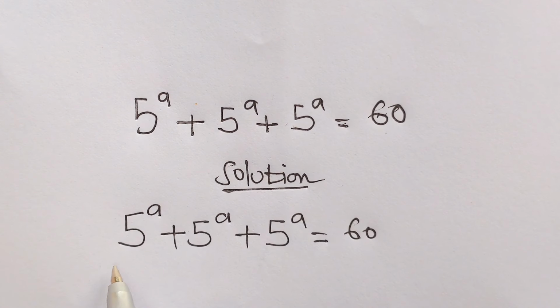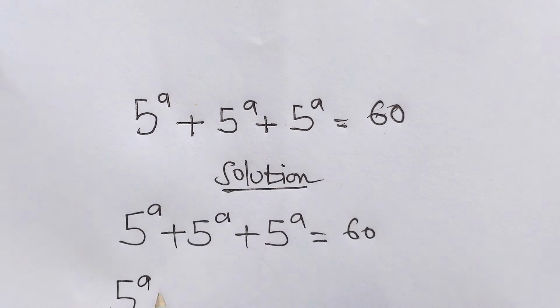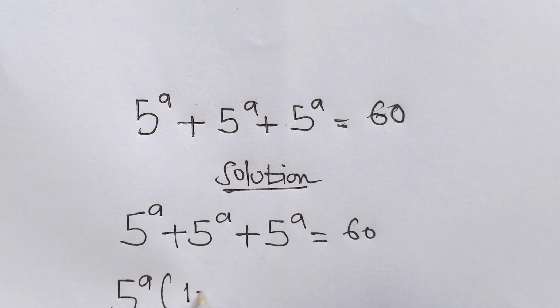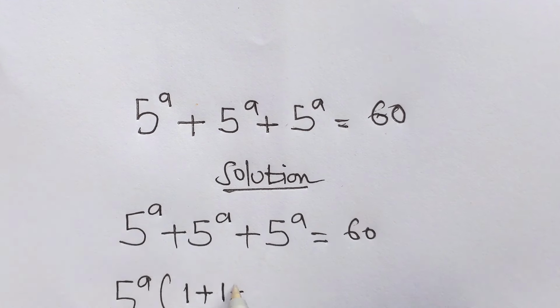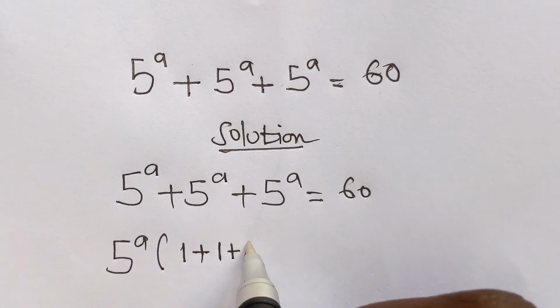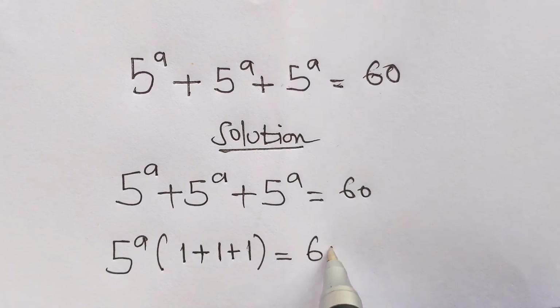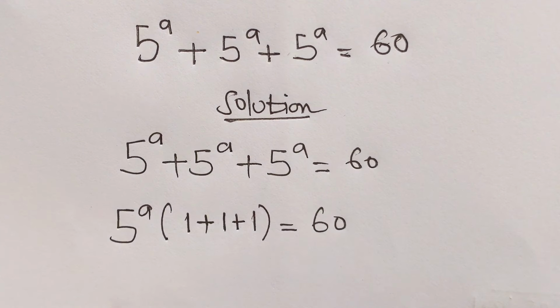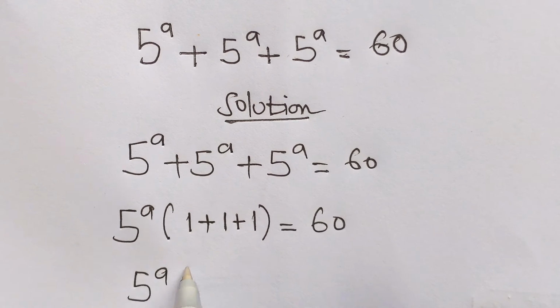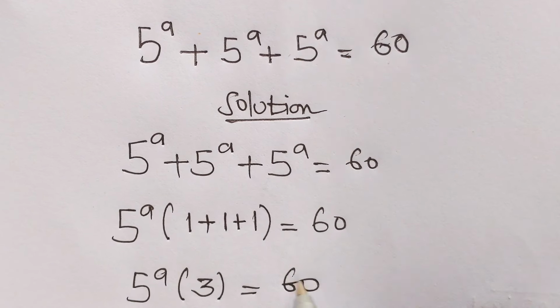Here, we can start by factorization of 5^a to get (1 + 1 + 1) = 60. And of course, 5^a times 3 equals 60.